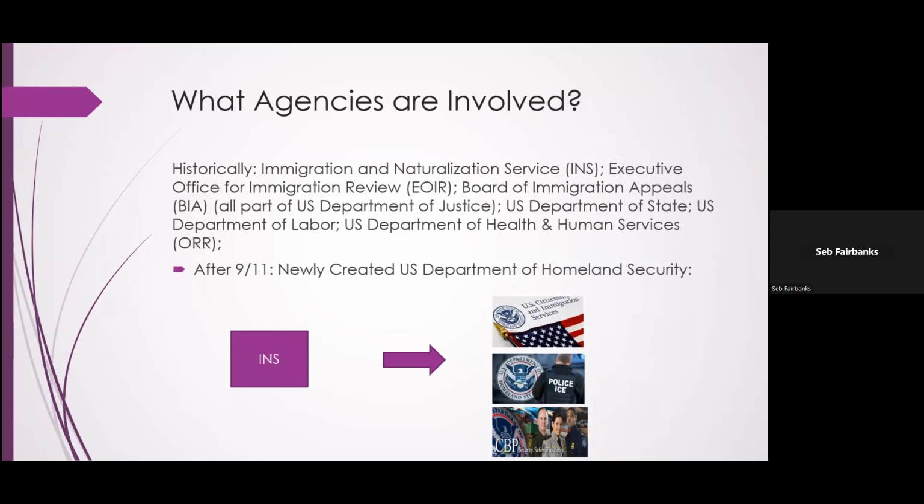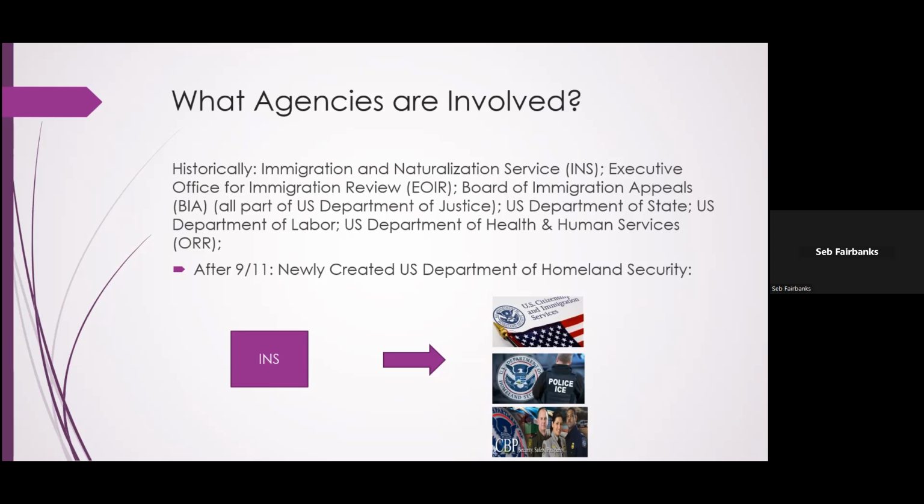Then we have the Board of Immigration Appeals, which are cases that have been decided and are then under appellate review. So there's been some issue when they were deciding that case that is now being appealed and decided there. These are all part of the U.S. Department of Justice. We also have the U.S. Department of State, the U.S. Department of Labor, the U.S. Department of Health and Human Services.